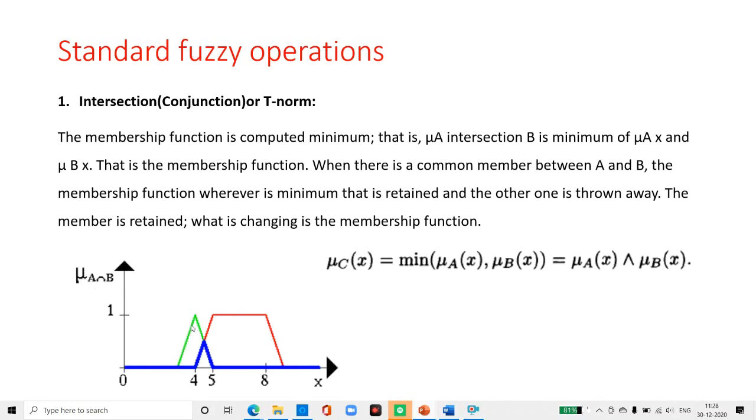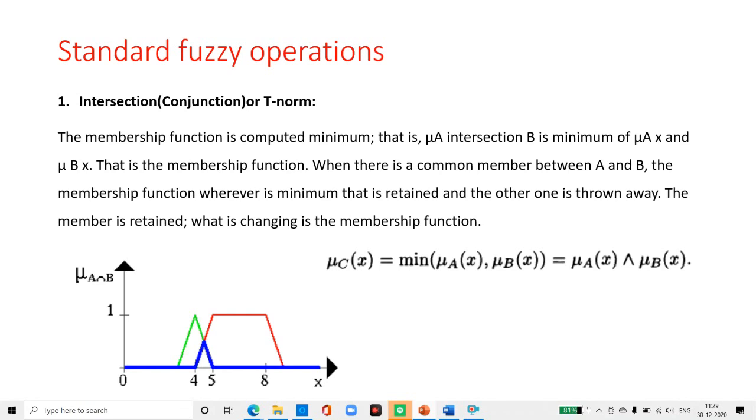Green part is set A and red part is set B. So the membership of A green intersection B red in this figure covers all the members that belong to this common part, the blue line, which is common between red and green.